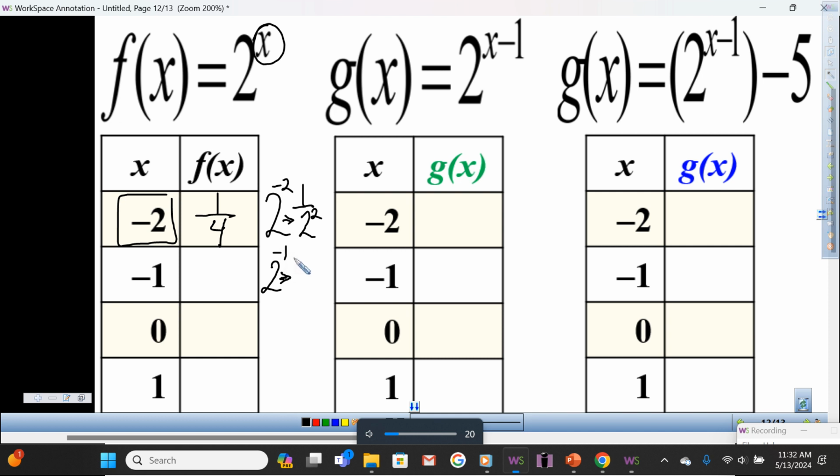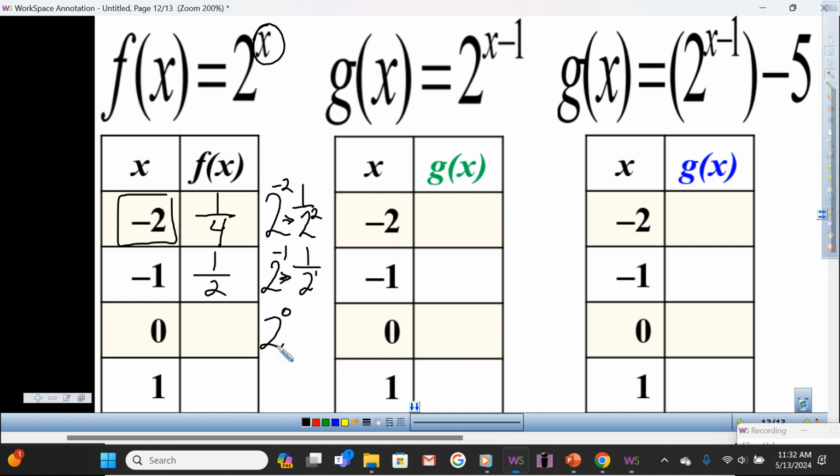So 2 to the negative 1 becomes what, Brandon Felix? This is an exponent of negative 1. Could we have negative exponents? 1/2. That is correct. Or in other words, this goes to the denominator, 2 to the first. There it is. Next one, 2 to the 0 exponent.